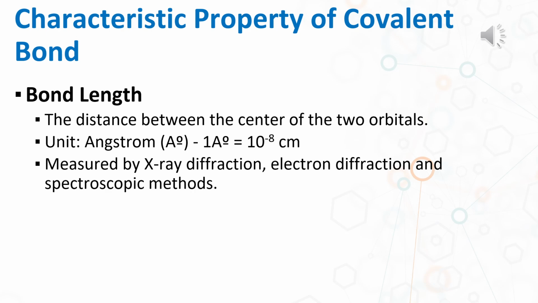Okay? So we have discussed last week that the bond length will depend on how far the compound is from the nucleus. For example, we have the carbon to carbon single bond. This carbon to carbon is on the outer shell, so it is the longest, or it is longer compared to the double bond and the triple bond.